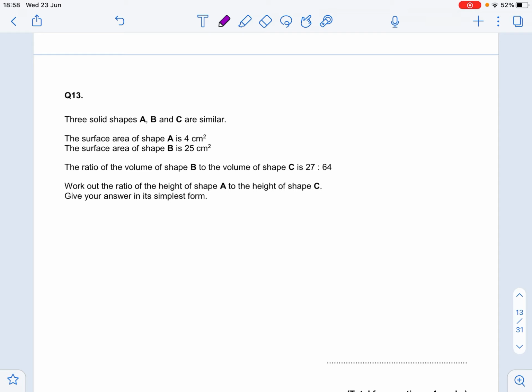So if we think about it, the surface area of shape A is 4, and the surface area of B is 25. How I think about this is that I want them all to translate into the same ratio.